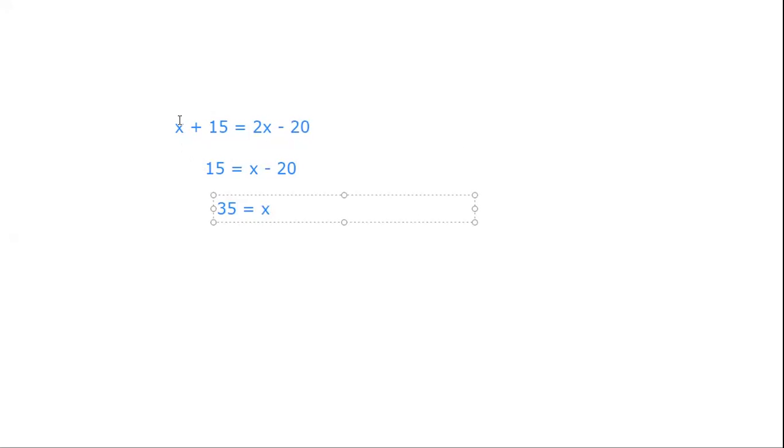So plug it back in here. These both should equal 50. There's the first one, x plus 15.